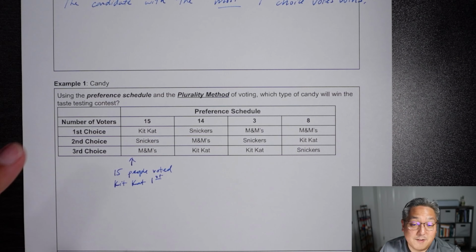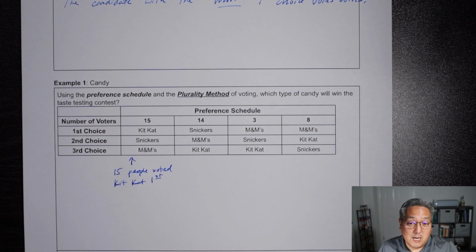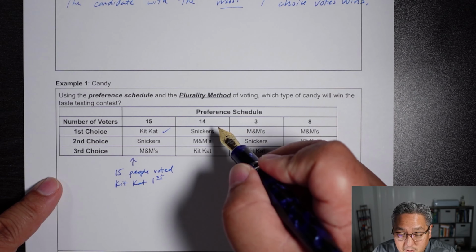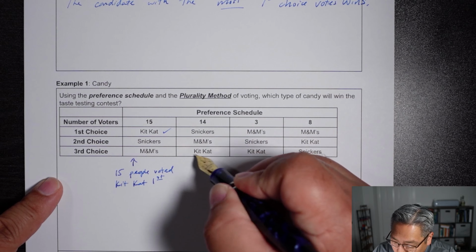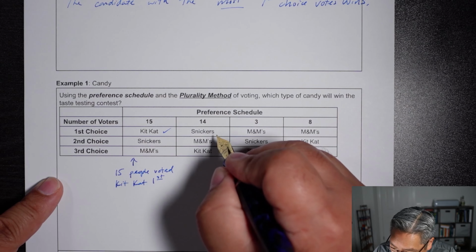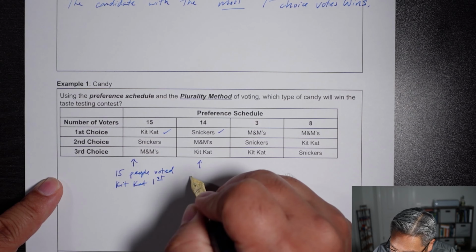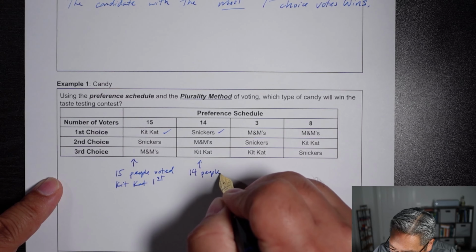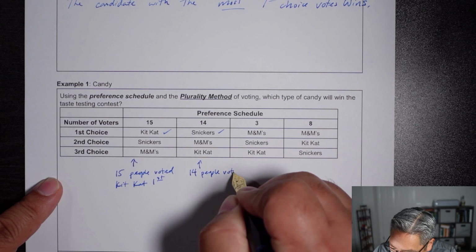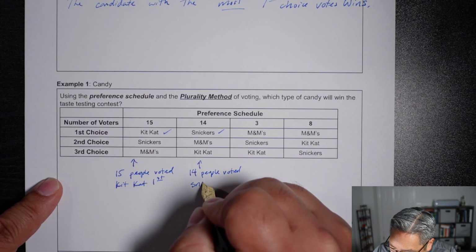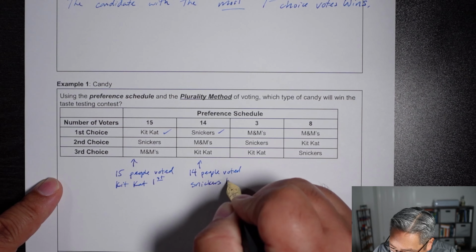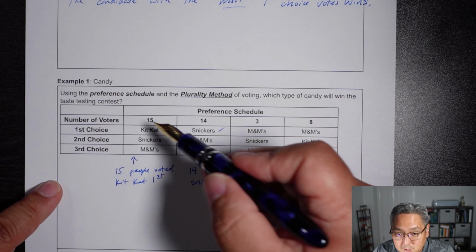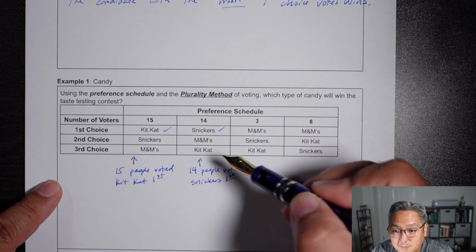So that tells me that right now, Kit Kat has 15 votes. How about Snickers? Coming across here, there were 14 people that voted this way. So this tells me that Snickers has 14 votes. 14 people voted Snickers first. That's what this column is telling me, this group right here.